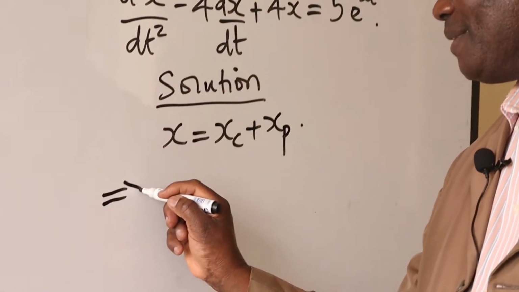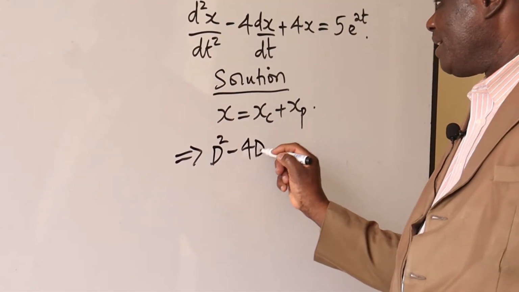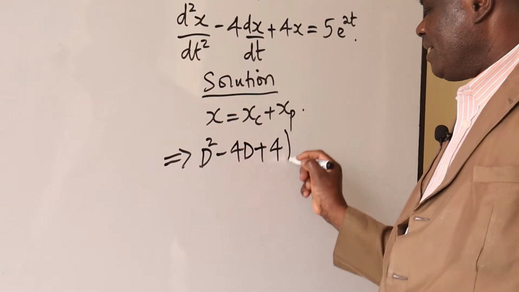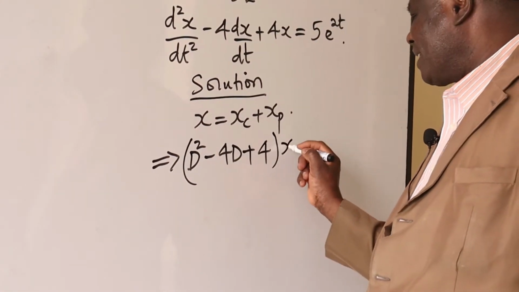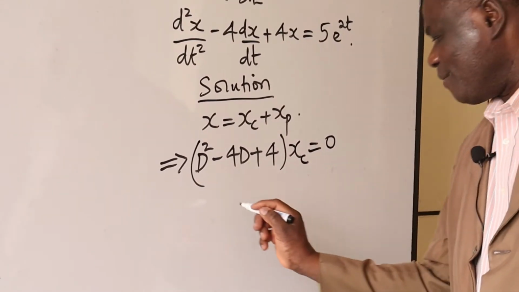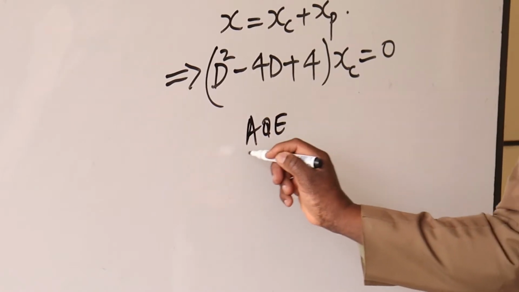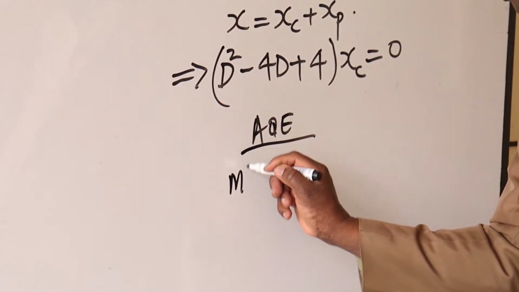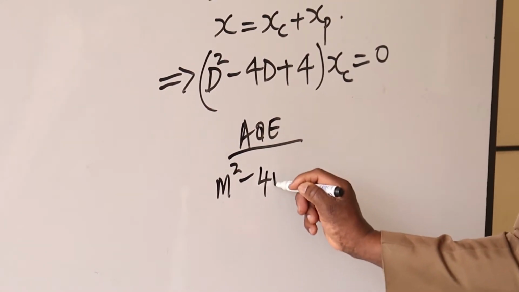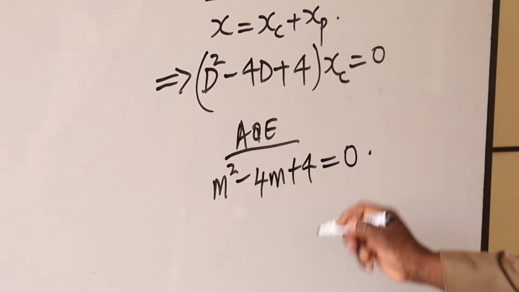This implies D squared minus 4D plus 4 into xc should be equal to 0. From here we get the auxiliary quadratic equation, or the characteristic equation, which is m squared minus 4m plus 4 equals 0.